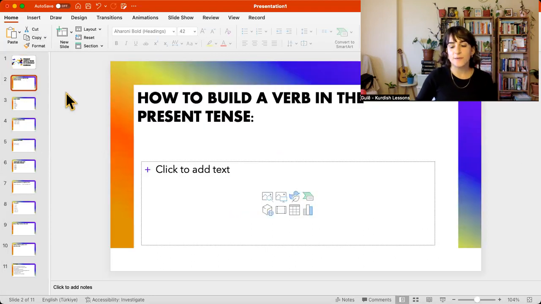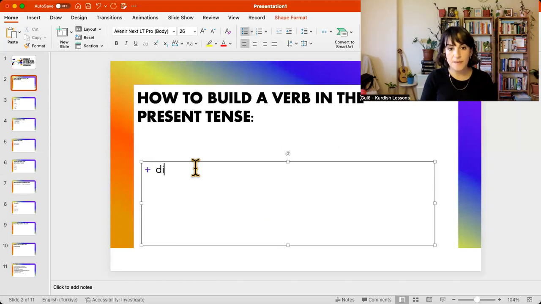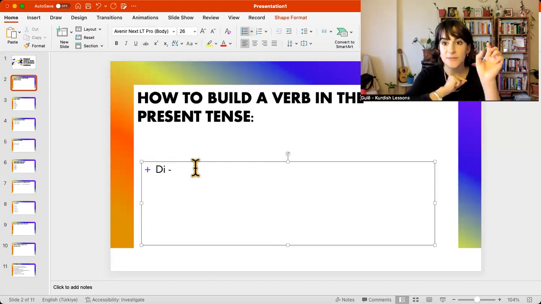So the first thing we need to do is learn how to build a verb in the present tense. In English it's easy to conjugate a verb, but not in Kurmanji. You have to have some prefixes, some stems, some endings. It's a little bit hard. So for present tense, you will have a prefix, the first part of your conjugated verb.